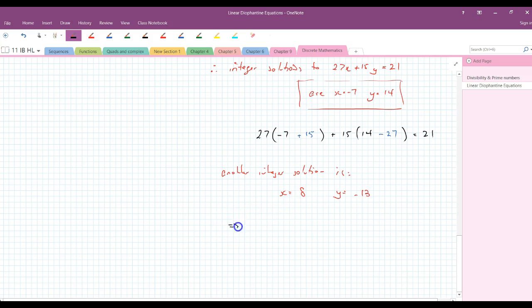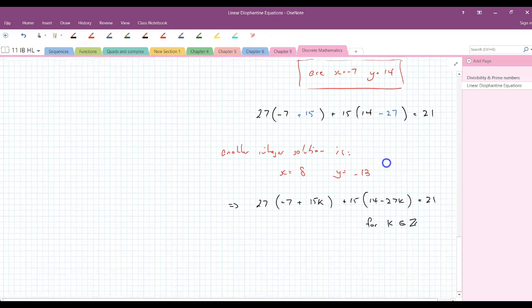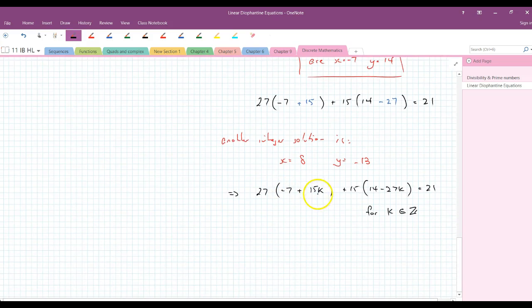I can say 27 by minus 7 plus 15k for some integer k, plus 15 by 14 minus 27k is equal to 21, for any integer k. So here are our infinite number of integer solutions: minus 7 plus 15k for x, 14 minus 27k for y.